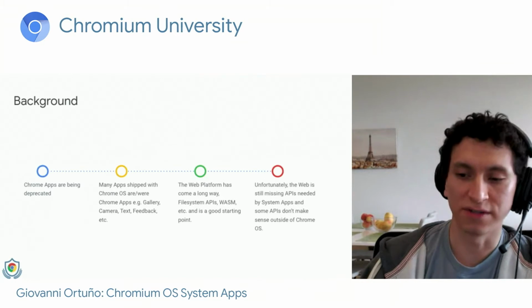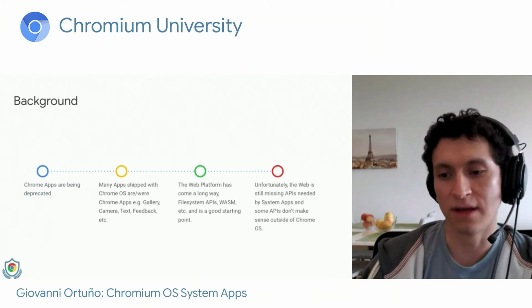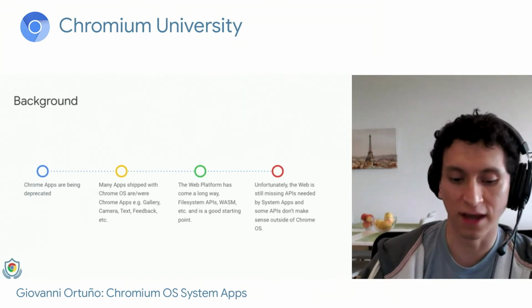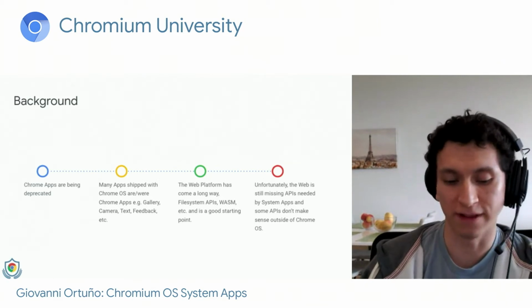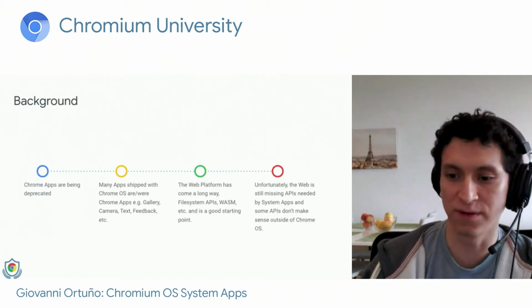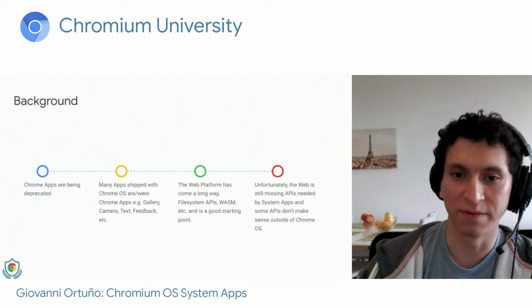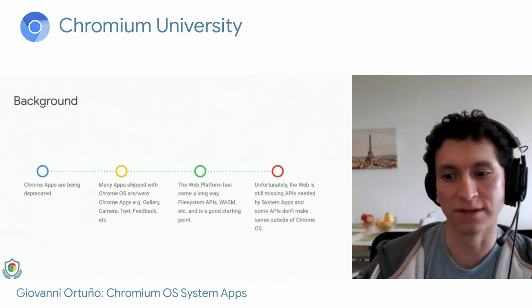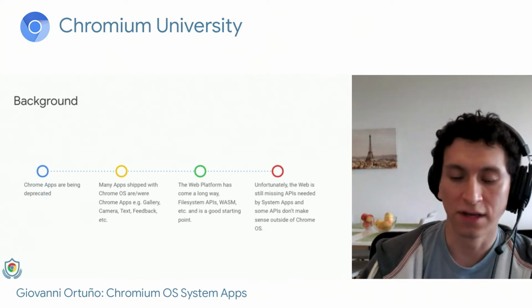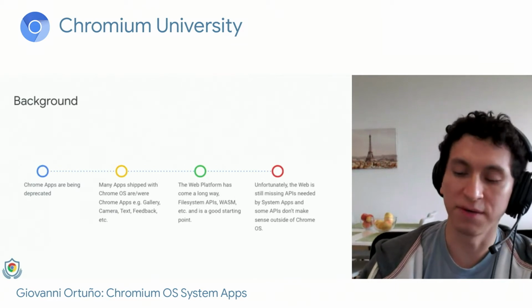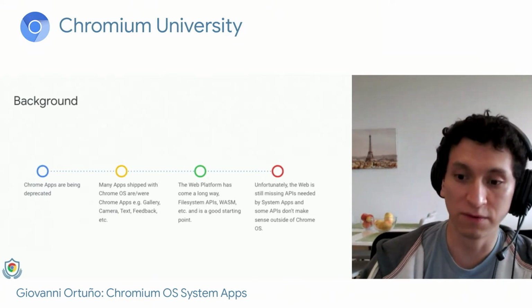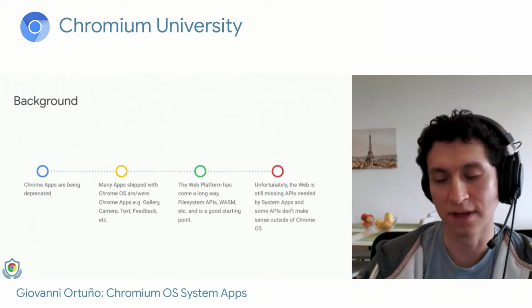Since Chrome apps were started and these apps were built, the web platform has come a long way. We have very powerful APIs for Bluetooth, USB, file system. We have WASM for performance critical things. So we thought that was a good starting point for this new platform for apps.